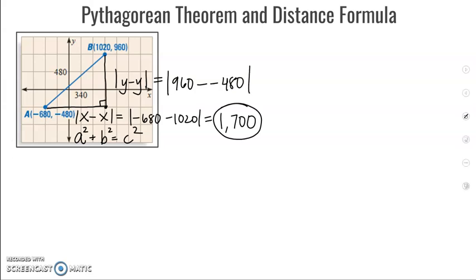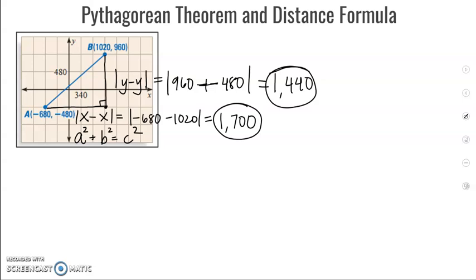Keep in mind, if you subtract a negative, it's really addition. So this is going to give us a length of 1,440 units.